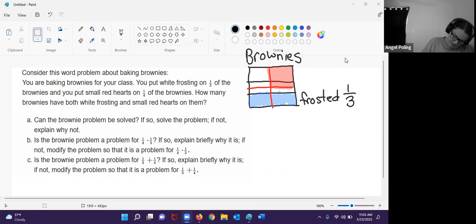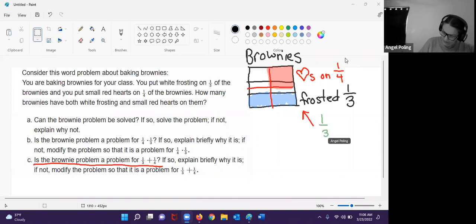So here we have hearts on 1/4 of the brownie, right? And it isn't clear if it is this image, which is 1/3 plus 1/4.